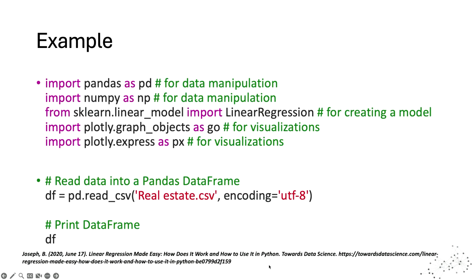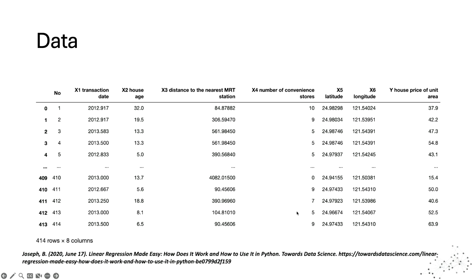As you can see, we are reading real estate CSV tabular data, with encoding implemented, and we have this kind of data: transaction date, x2 house age, distance from mass transport stations, latitude and longitude, and y house price of unit area.